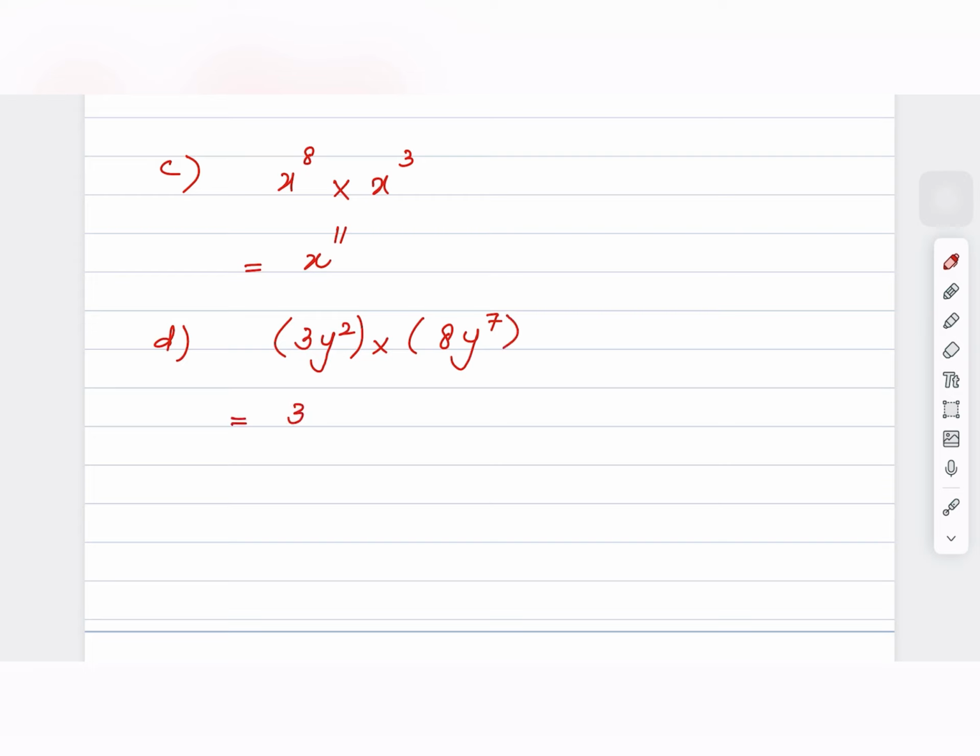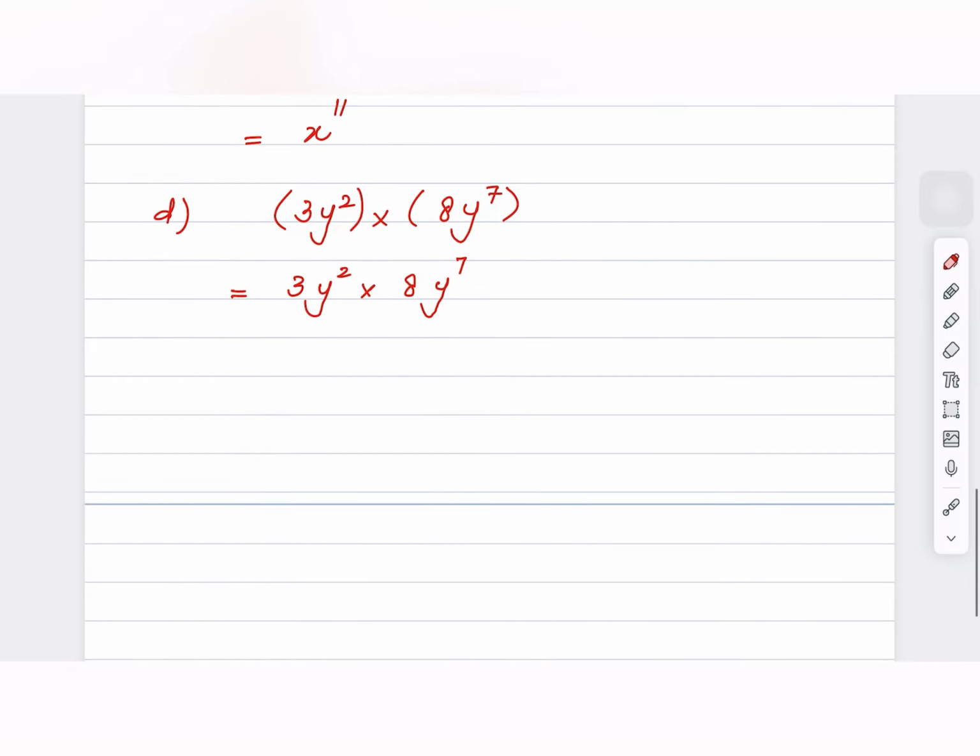So you will collect the like terms. You can remove the parentheses first, and that is 3y squared into 8y power 7. Now you will multiply 3 by 8 and that is 24. And second thing is, y will be y power 9 because you will add the powers.